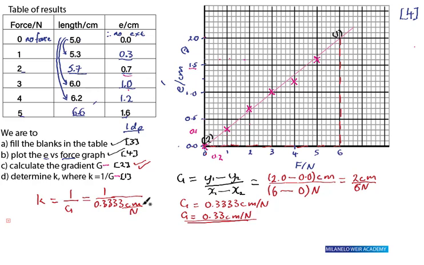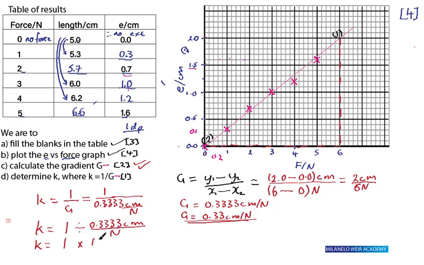And I want us to notice here, we are dividing 1 by a fraction. So K is equal to 1 divided by 0.3333 centimeter all over N. So what do we do? We make this a multiplication sign. After doing that, the numerator becomes the denominator.